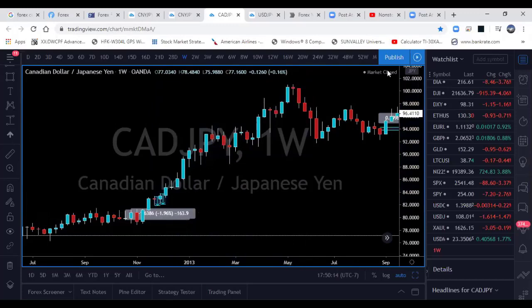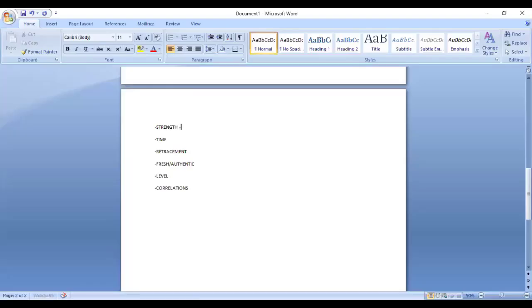So when we go back to our actual notes here, the strength of the move, I'm going to say this. The very first candle needs to be at least 2 to 4 times larger than the entire expanded range of the base.